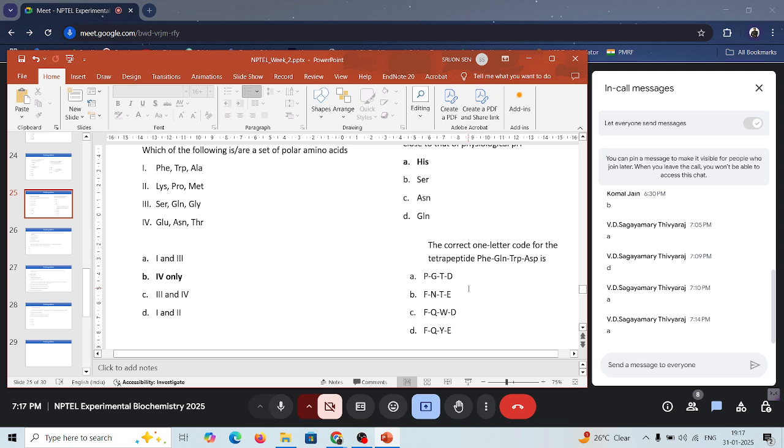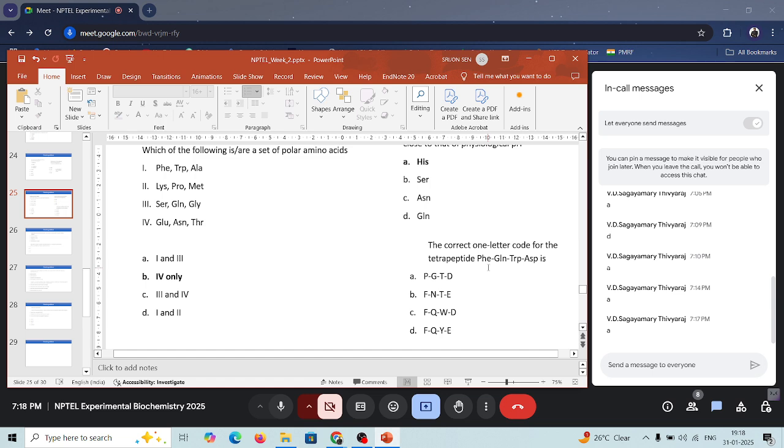You have PGTD, FNTE, FQWD, and FQYE. A. So phenylalanine, glutamine, tryptophan, and aspartic acid. If you go by the first letters of each of these, what you answered is correct, but that is actually not the right answer.